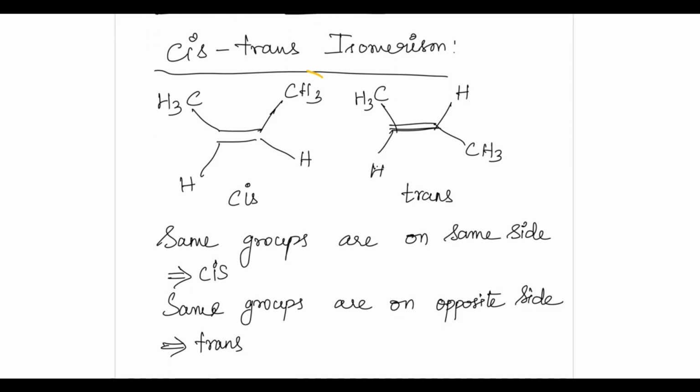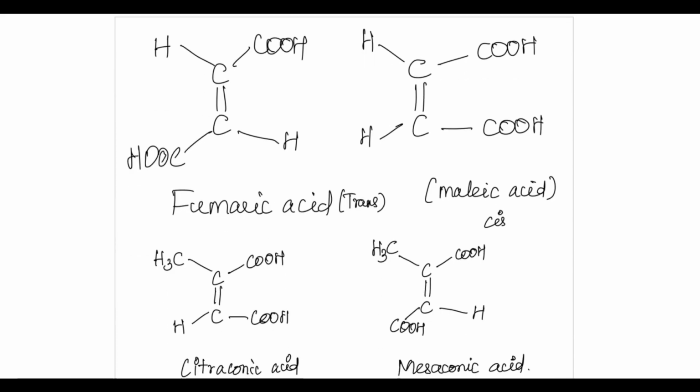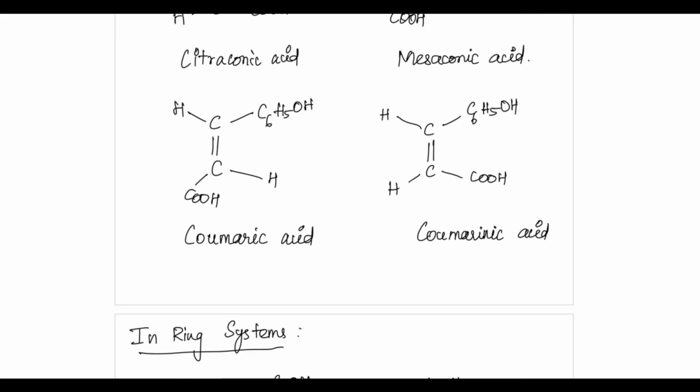If same groups are on the same side, then that is cis. Same groups are on the opposite side, then that is trans. Like you can see C over H, C over H. When this case will arise? When there is a double bond or a ring system.